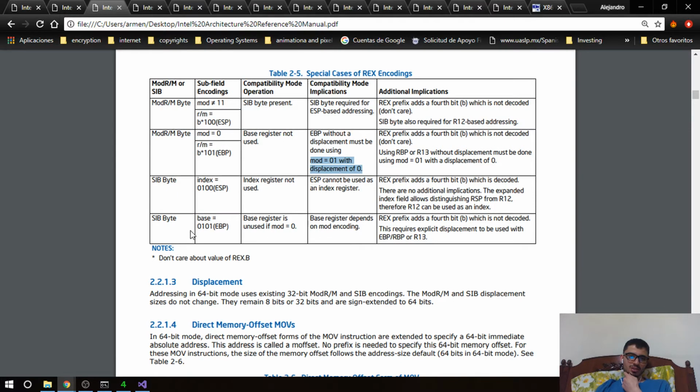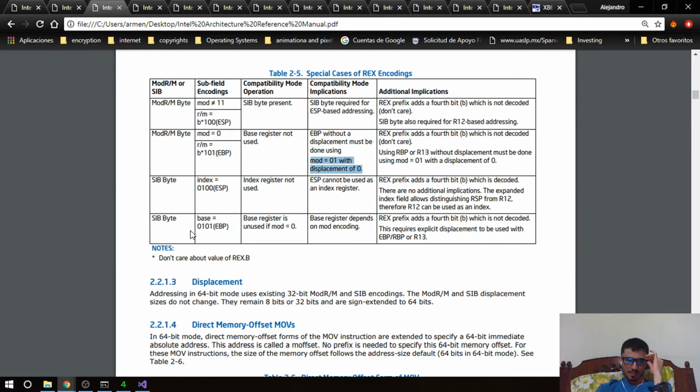Now what about the SIB? On the index, these are the special cases. Okay, so that's good that they tell us about it, and there are too few, aren't there? It's not like a lot of special cases. We have the SIB byte whenever we have the index equals 0100.